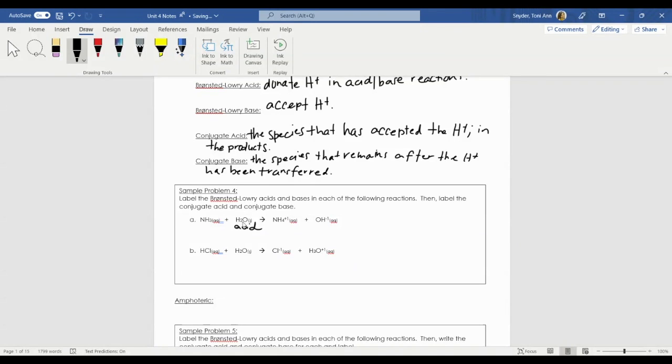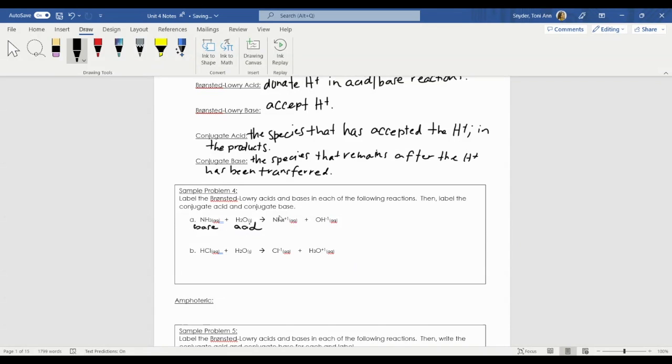This donated a proton to ammonia to produce the ammonium ion. And I now form the hydroxide ion. So water is the acid, and therefore ammonia is the base. Okay, that base is accepting that proton. That nitrogen has a lone pair on it, and that lone pair can accept a proton.